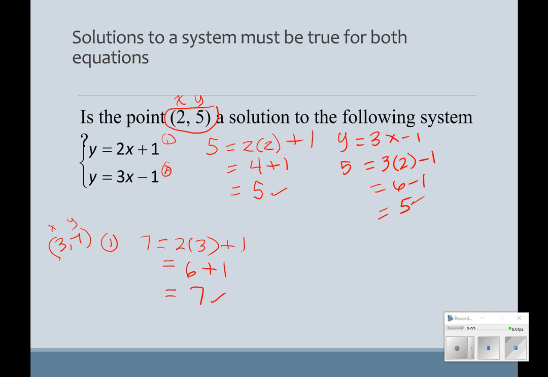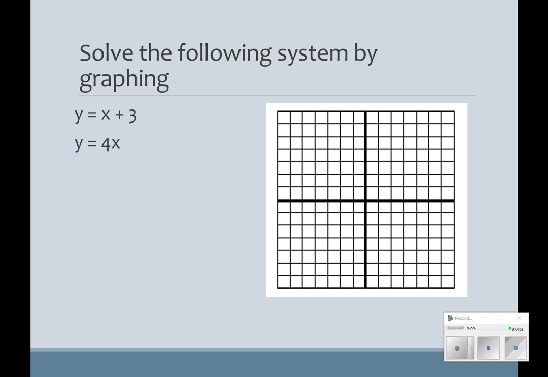It's not, however, good enough to check that first equation. You've got to check the second one as well. So if I put it into my second equation, 7 equals 3 times 3 minus 1. 9 minus 1 is 8, so it doesn't work. 7 does not equal 8, so that's why that is not part of the solution set, or a solution.